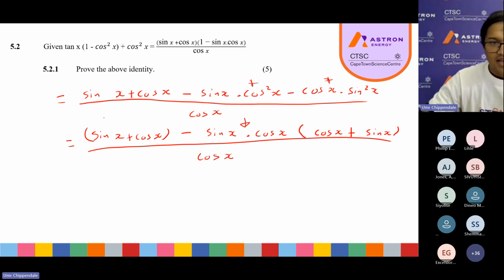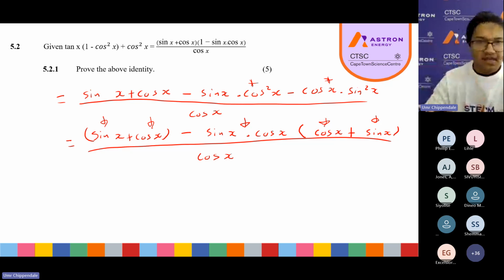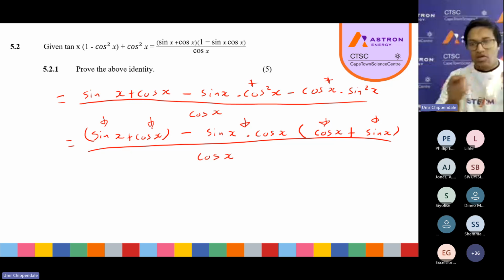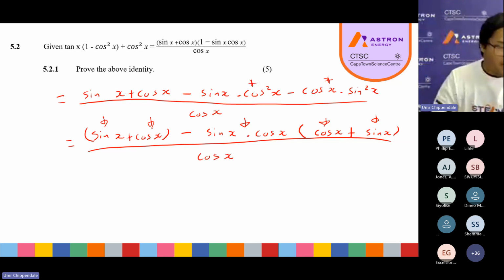Now that we have it, look what we have. Even though this is written with sine first, here we have sine at the back and here we have cos in front. Because we are adding, it does not matter, it can swap around. 2 plus 1 is equal to 3, and 1 plus 2 is still equal to 3. So of course we can swap it around. That's our common factor, so we take all of that out.